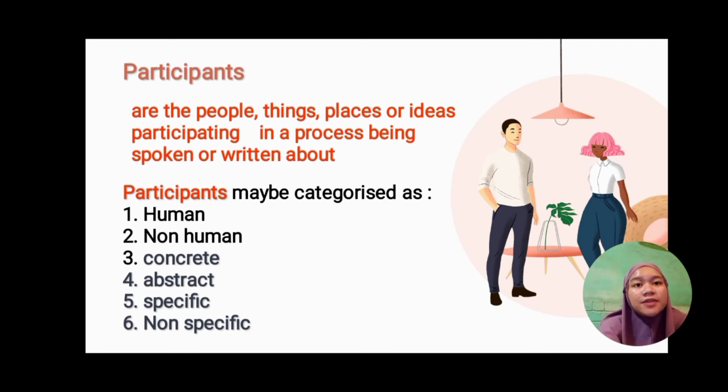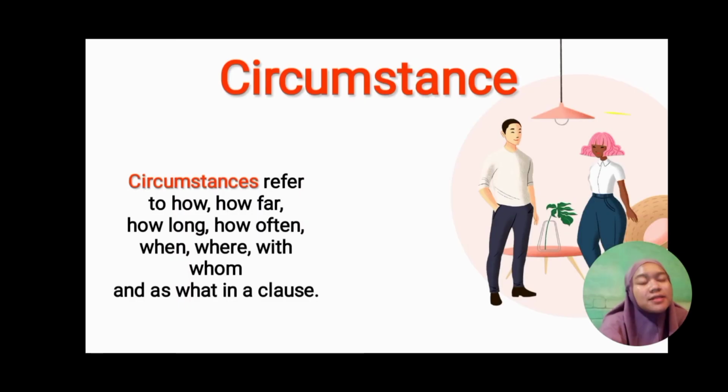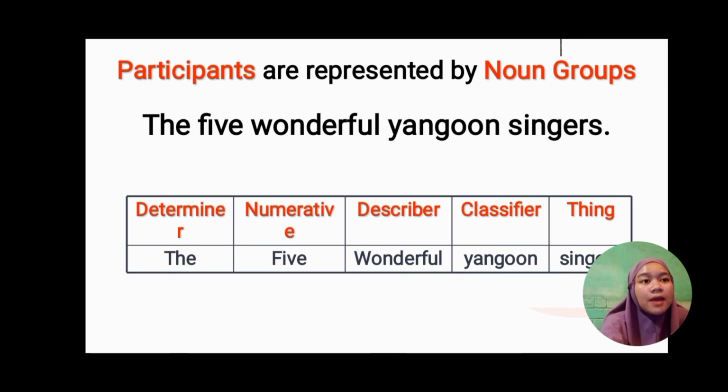And the next is participants. Participants are the people, things, places, or ideas participating in the process being spoken or written about. Participants may be categorized as human, non-human, concrete, abstract, specific, and non-specific. Participants are represented by noun groups.